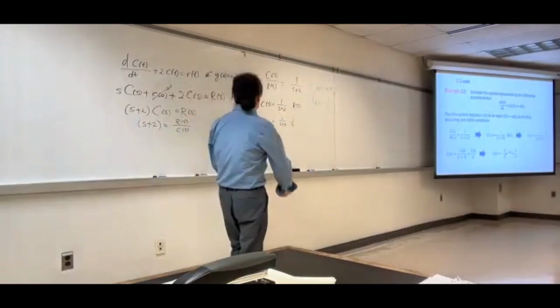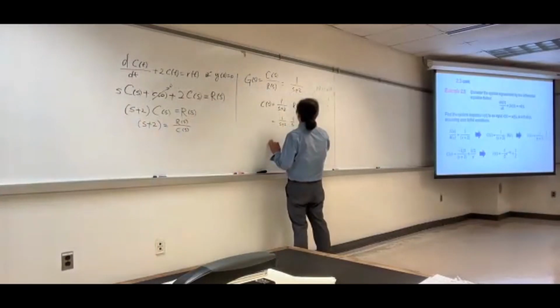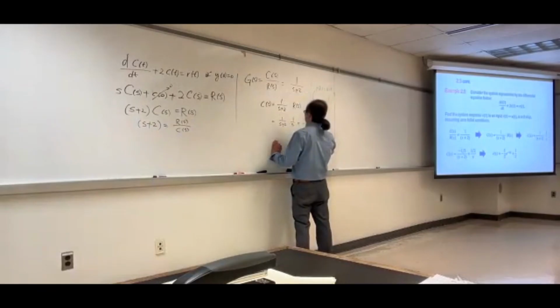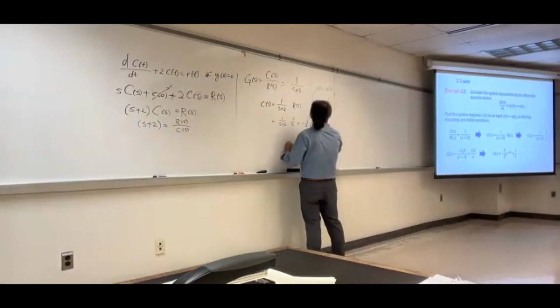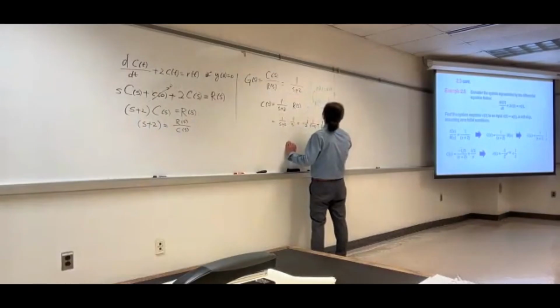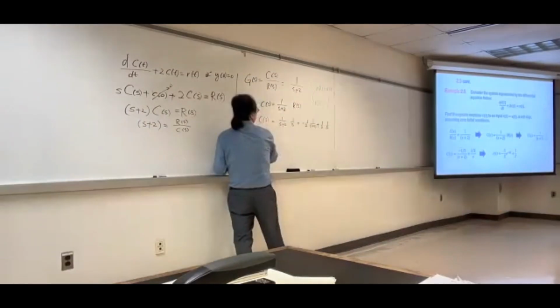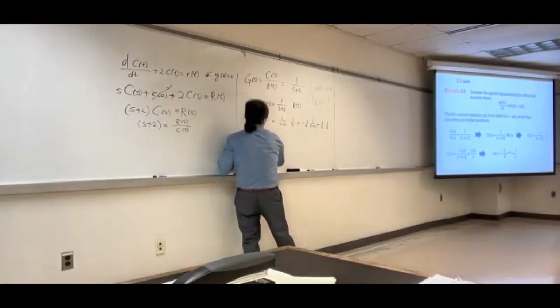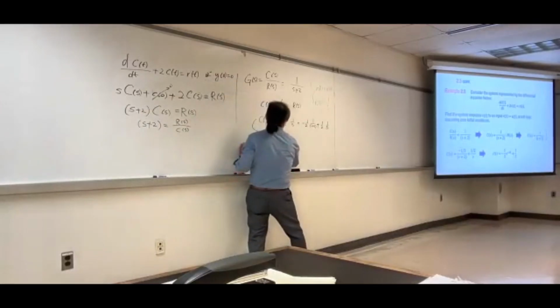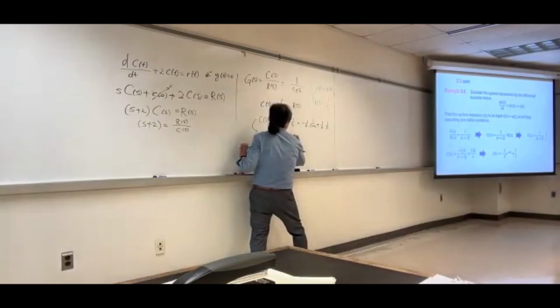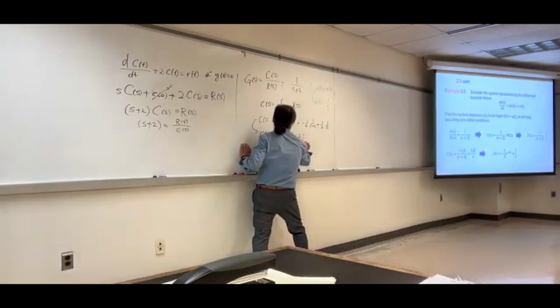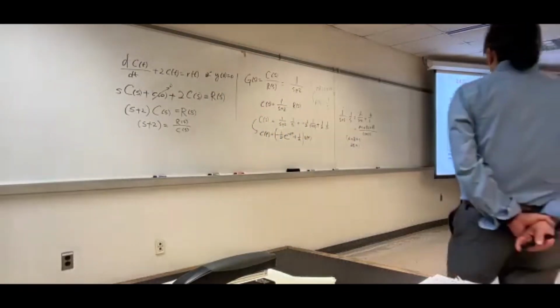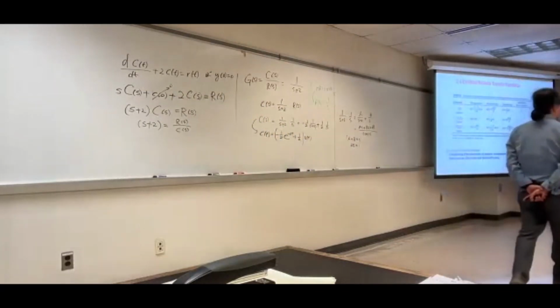When you do the partial fraction, it's going to be negative 1 over 2 times 1 over s plus 2, plus 1 over 2 times 1 over s. So take the inverse Laplace transform from here. Now we have c of t equals negative 1 over 2 e to the negative 2t plus 1 over 2 u of t.